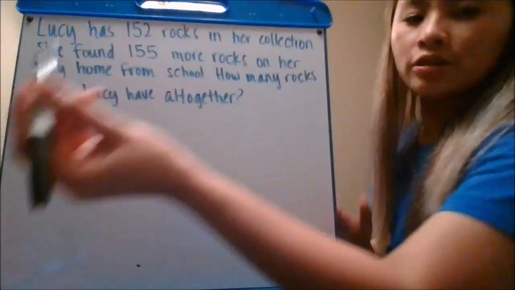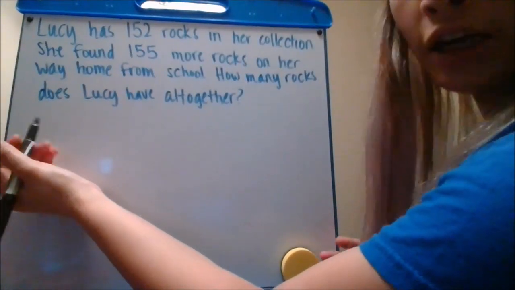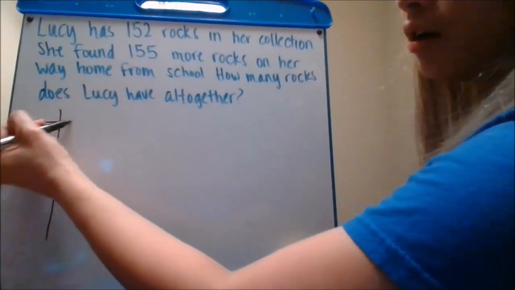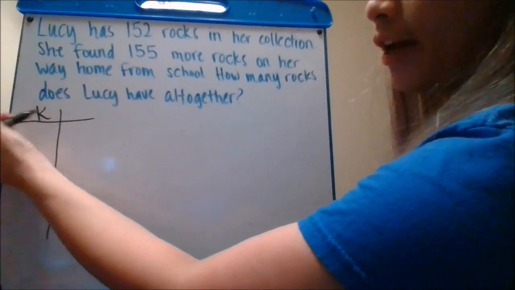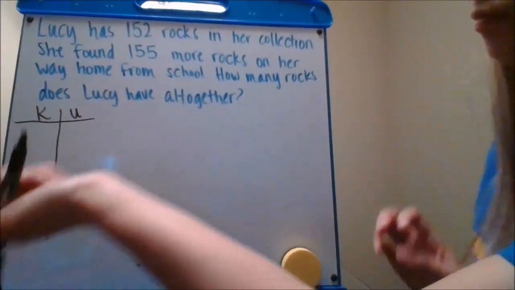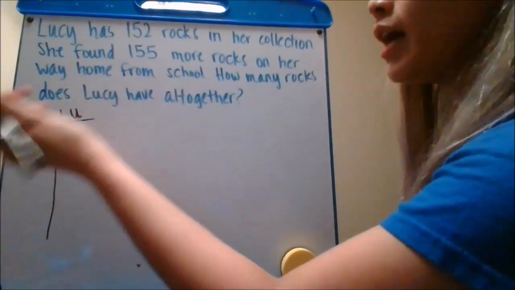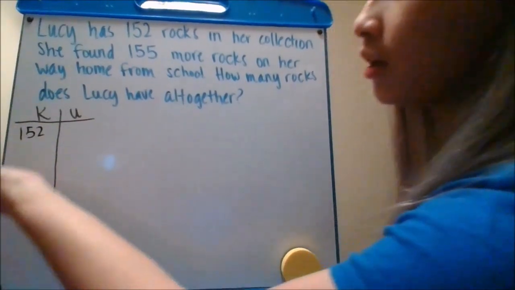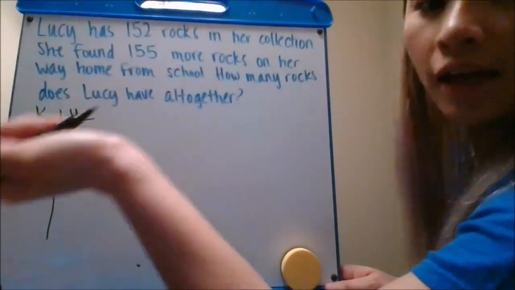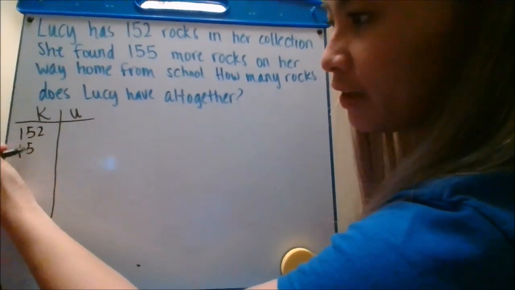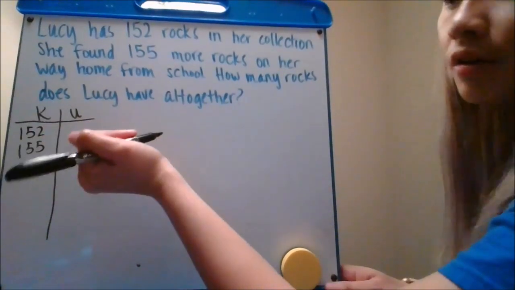So let's go ahead and draw our known and unknown chart. So remember, K is for known, U is for unknown. So we know that Lucy started off with 152 rocks. And then she found 155 more rocks.